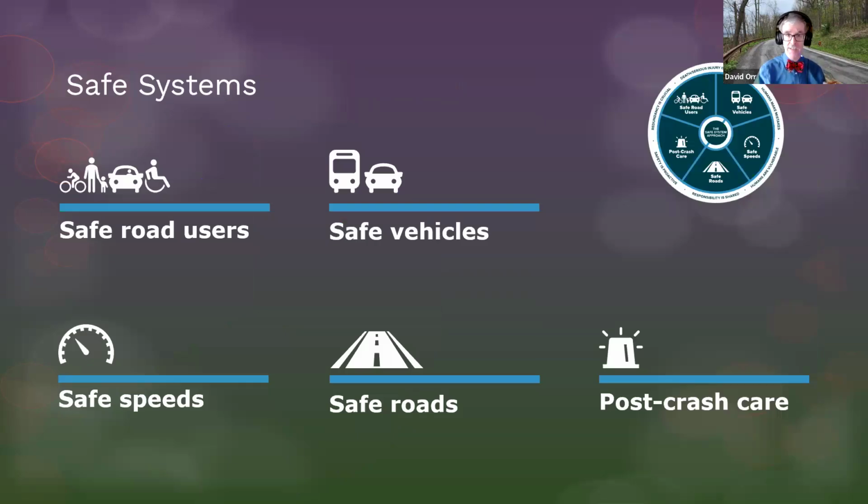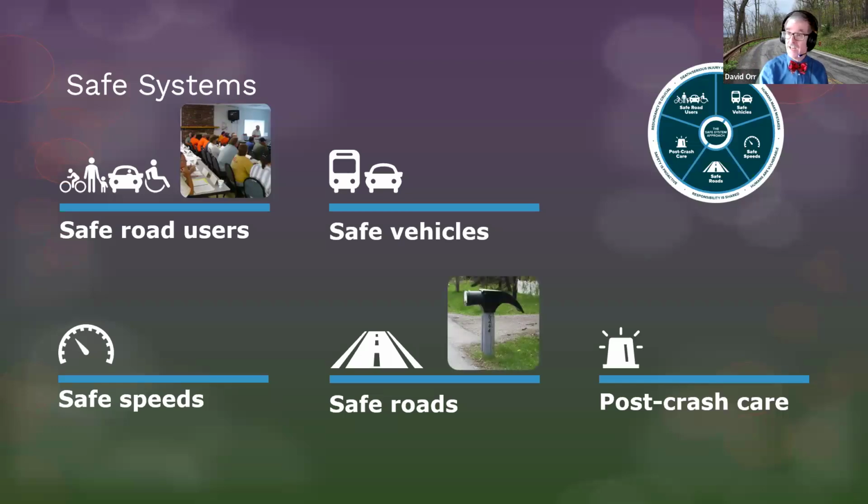This is also part of the concept of the safe systems where, rather than looking at individual things, we combine everything together. So we have to have safe road users, which means we have to have some education, not just of the folks who are doing the work on the highways, but the public themselves, the boards, elected officials, all kinds of different folks. And that actually is part of a good local road safety plan.